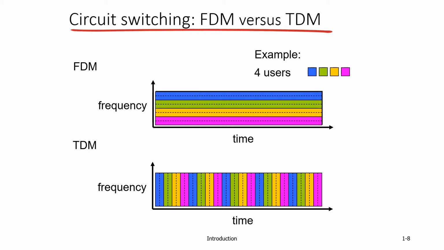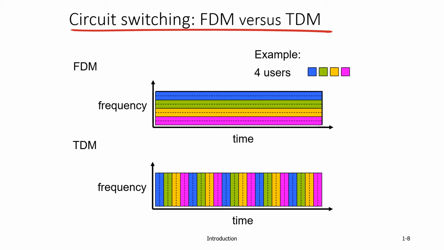If we want to add more users, then we need to allocate them different frequencies so that they can transmit at different frequencies, and then we can maybe increase from 4 to 8 users who are still using 4 circuit switched links or 4 virtual circuits.